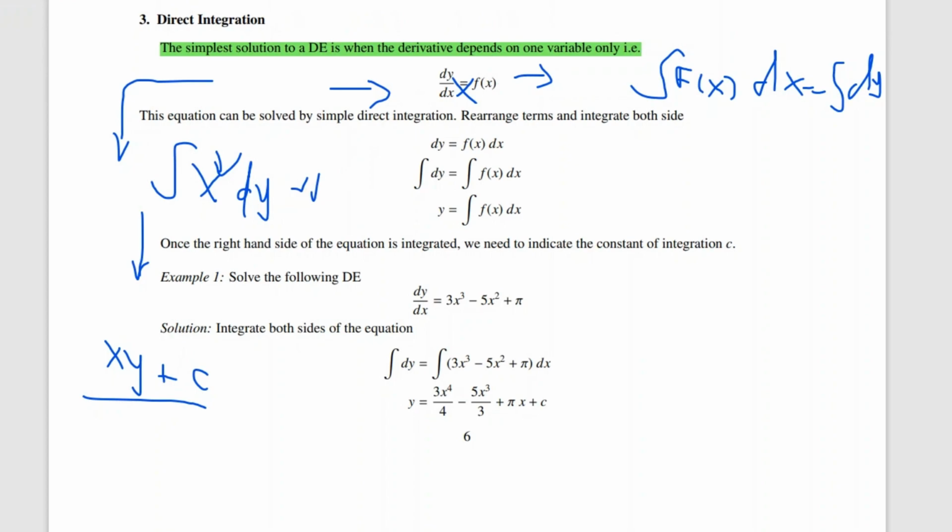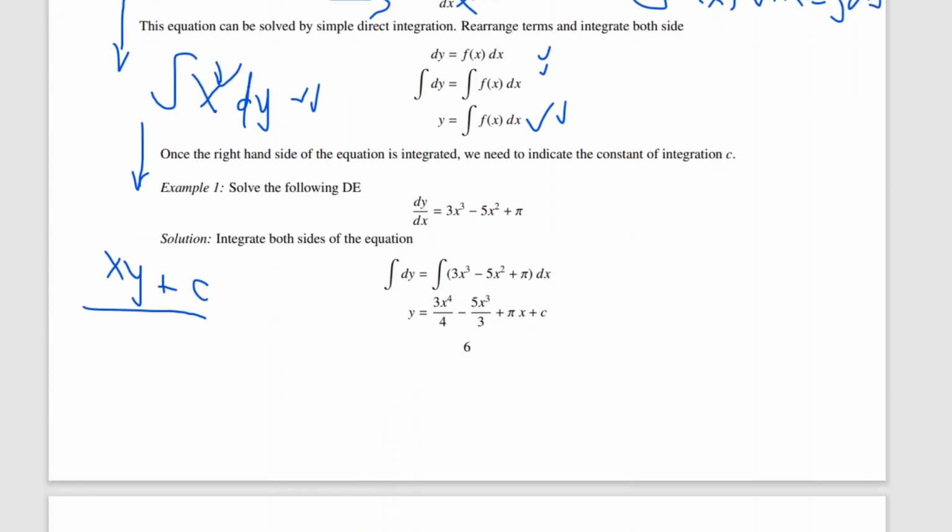If we have y squared divided by x squared equals dy over dx, when we are separating them you must make sure that y squared is with dy and x squared is with dx, so that we can now apply direct integration or start integrating. This is how you should do it.